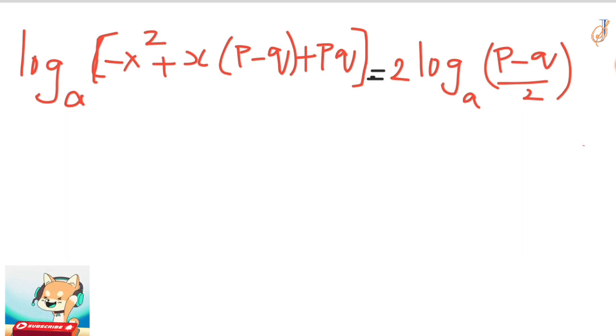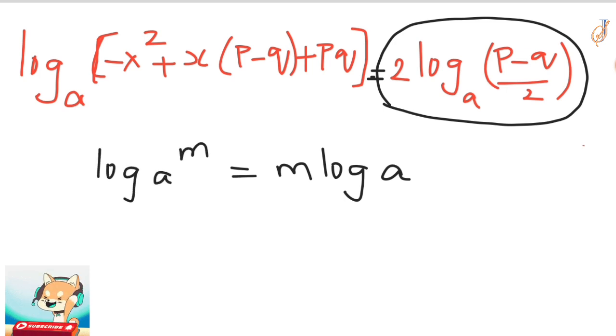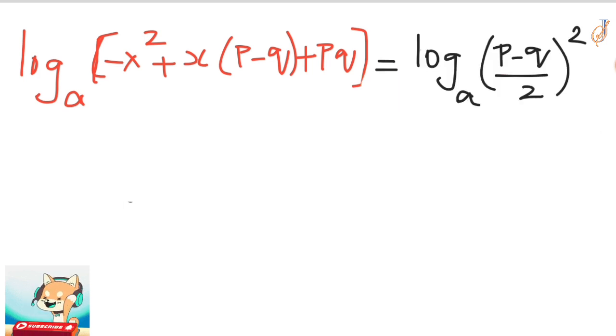From here we need to find the x value. Observe this part. It is in the form of m log a. According to the logarithm property, we can write this as log of a to the power m. Similarly, we can write this part as log base a of ((p - q)/2) whole power 2. Now here we have log with base a and here we have log with base a.